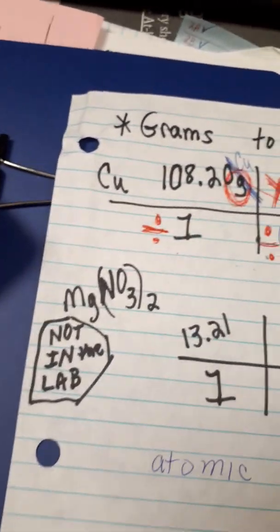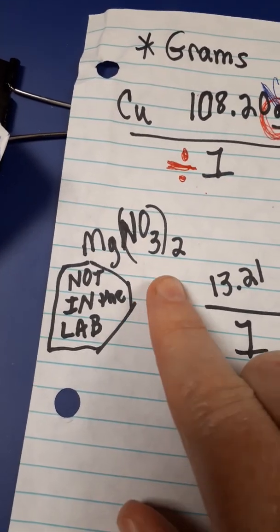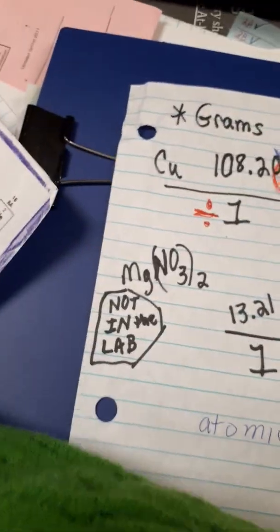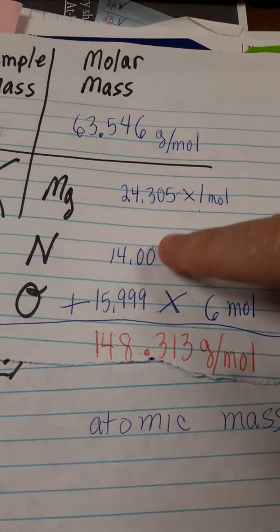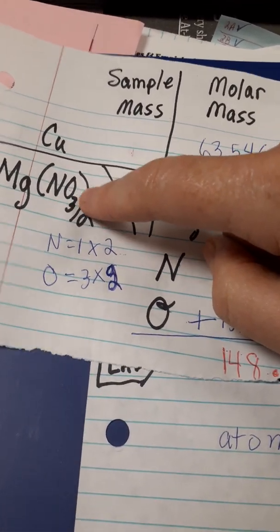All right, let's look at an example that is not even in the lab. Magnesium nitrate is not even in the lab. In the previous video, I showed you how to calculate molar mass. We look at each element. We multiply by how many atoms there are.